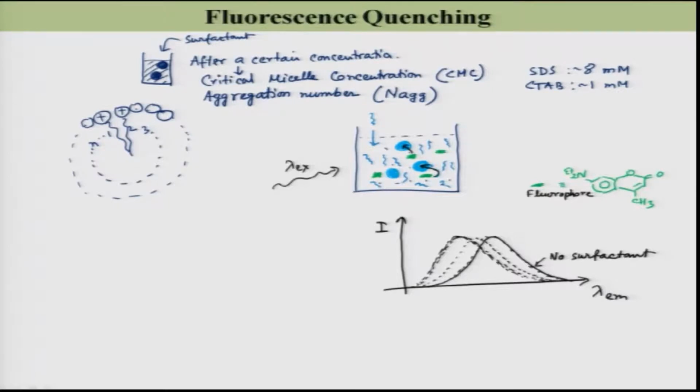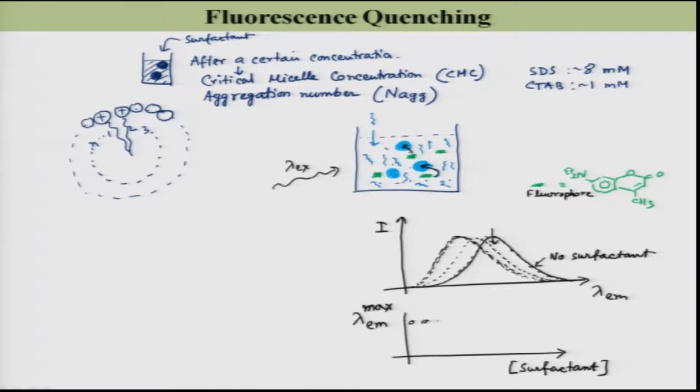So, if I now plot in a different way the concentration of surfactant versus lambda emission maximum, then for a low value of the surfactant this lambda was at a high value, right, lower energy, as you have seen here.